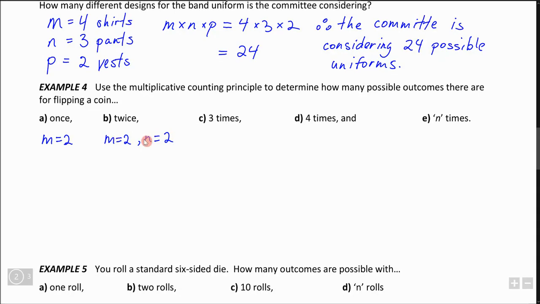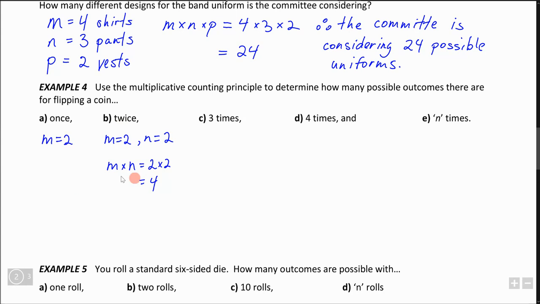And it's important to note that your second event does not depend on what happens in the first event. All we're saying is the total number of outcomes, M times N, is equal to 2 times 2, and that is 4. So there are 4 possible outcomes for flipping a coin twice.